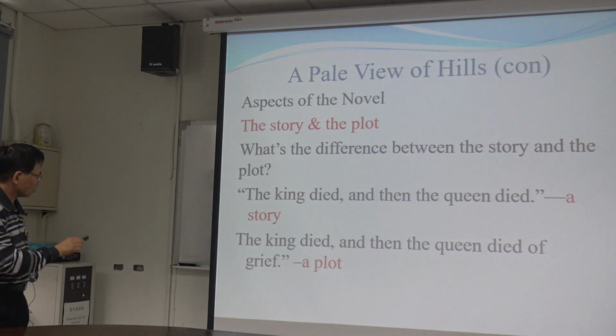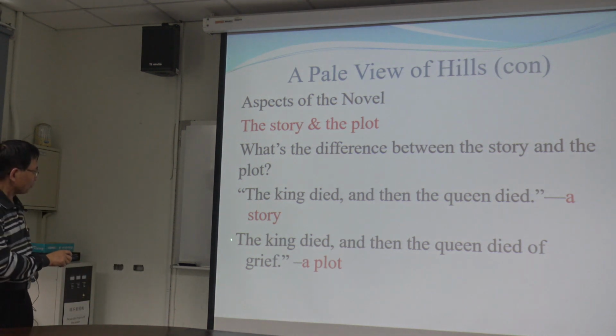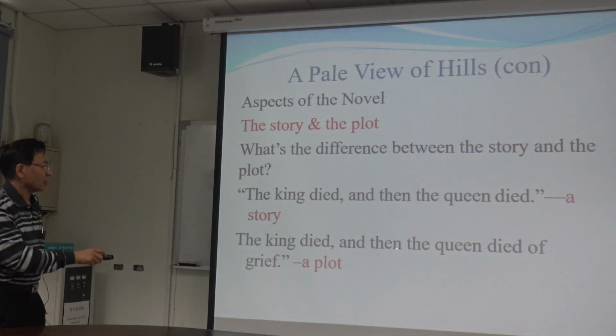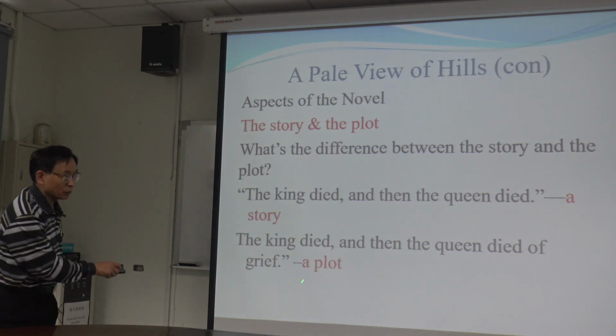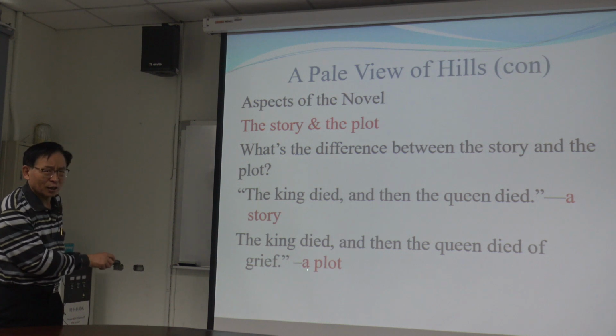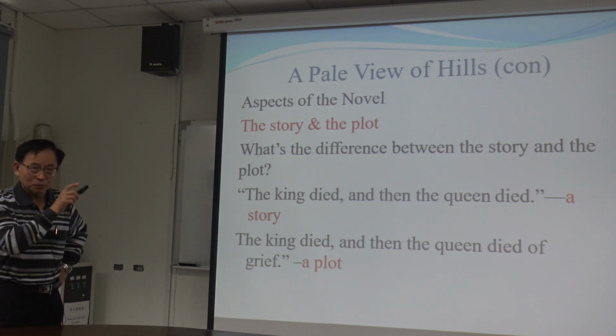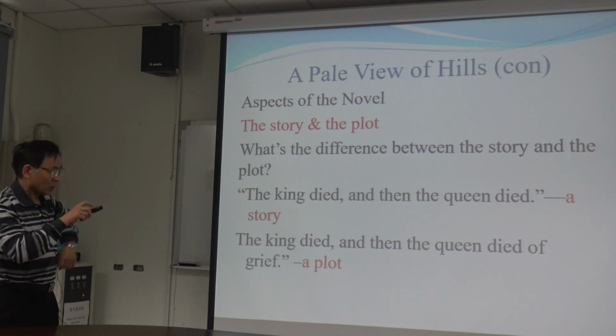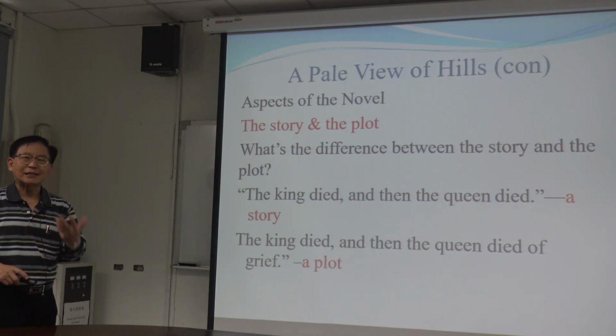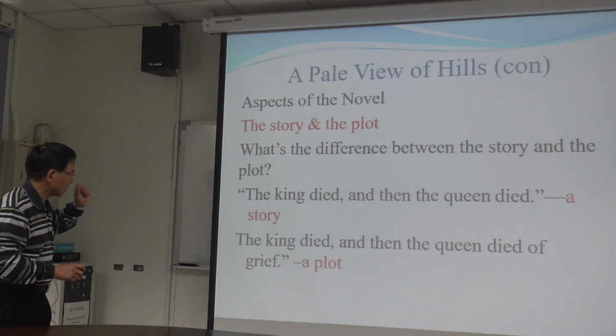But if we move to the second example here, the king died and then the queen died of grief. Grief 是伤心啊. Then we learn about why the queen died. The queen died because she was too sad over the death of the king.